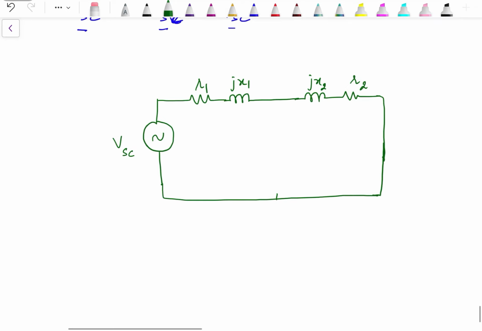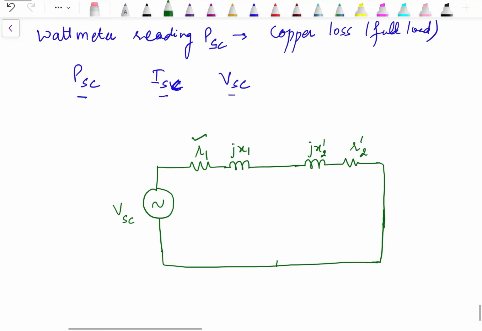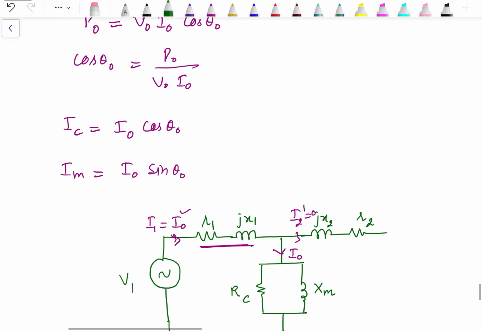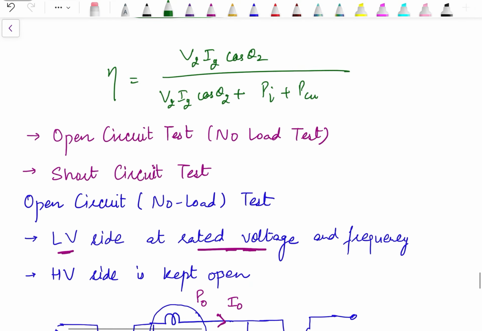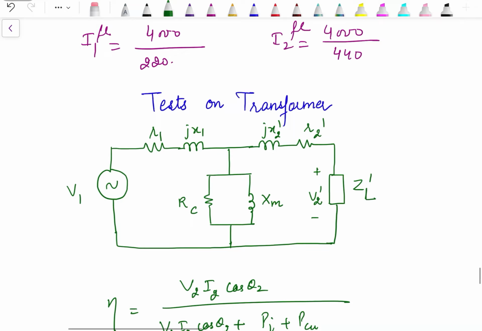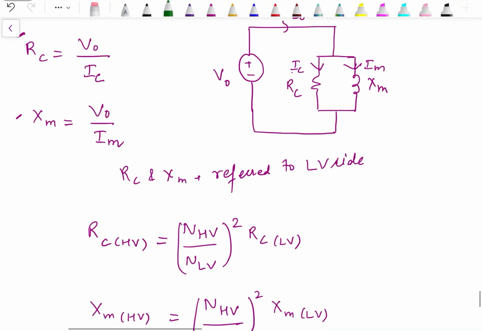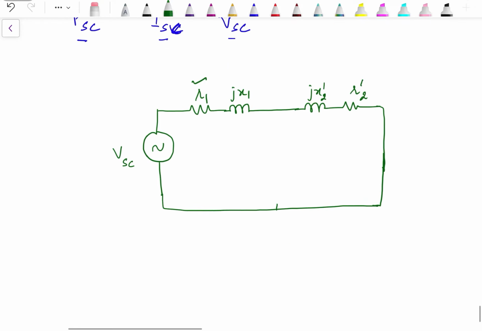So we have one resistance R1, second one is R2 dash, and this one is X2 dash. So this I need to modify if I haven't drawn it like this. So it should be X2 dash, R2 dash over here, as well as, okay, here it's X2 dash and R2 dash only. This was a problem in copying. So this is how the circuit looks like. We have R1 and R2 dash in series.